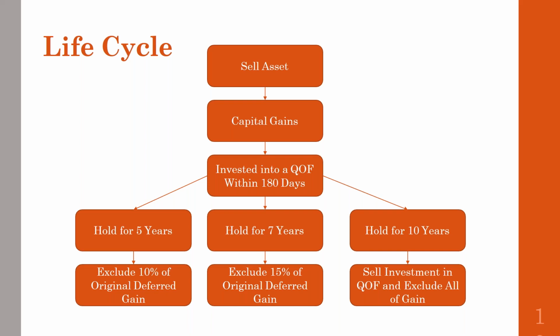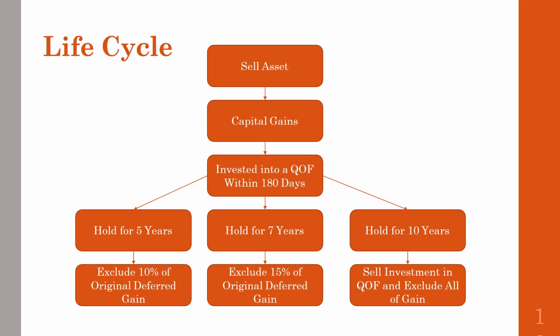If I hold that investment for 5 years, then I'm able to exclude 10% of the original deferred gain. My basis goes up to that. If I hold it for 7 years, then I'm able to get an additional basis of 5%, allowing me to exclude up to 15% of my original gain.